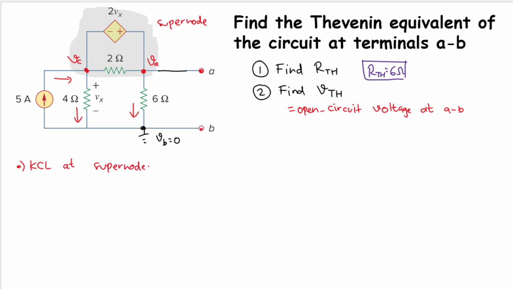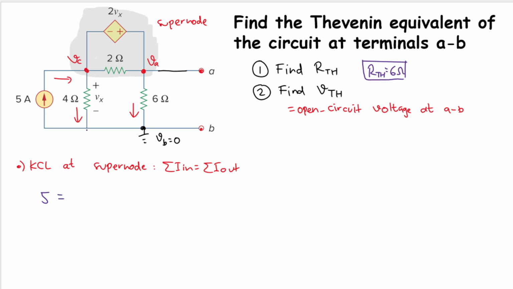So we will have the sum of the current that goes in will equal the sum of the current that goes out. Good. The only current that goes in is this one, so I will have 5 ampere. And then the other currents are going out.